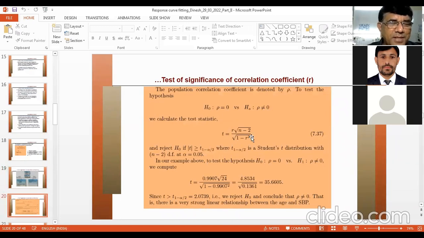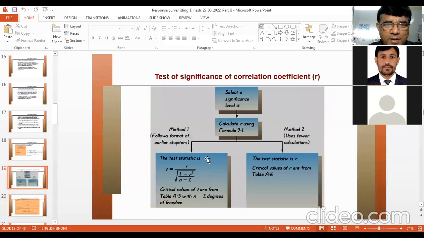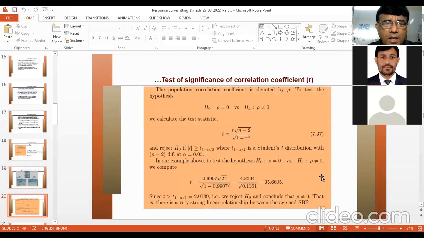Some mathematics has been done, but you will get the same value of T. Then if the calculated value of T is more than the table value at the prescribed level of significance, your correlation coefficient is significant.